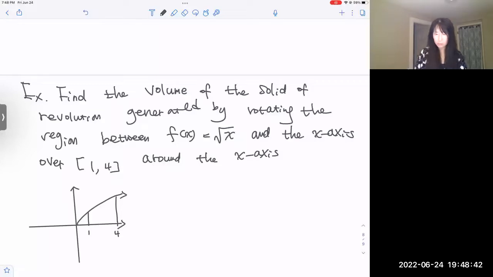I can say that this generates a reflection about the x-axis, right?